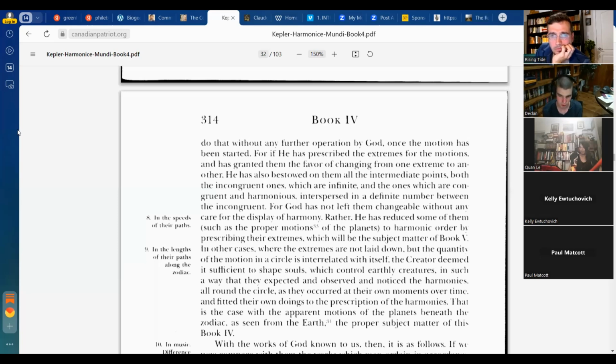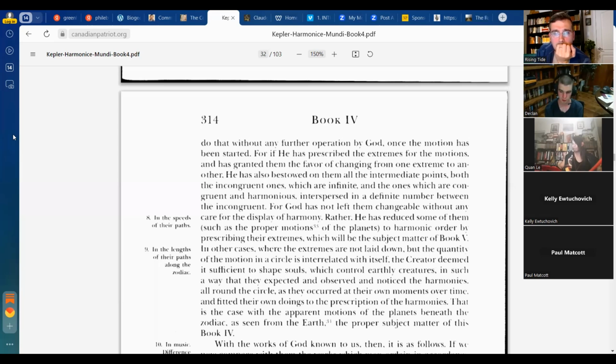For God has not left them changeable without any care for the display of harmony. Rather, he has reduced some of them, such as the proper motions of the planets, to harmonic order by prescribing their extremes, which will be the subject matter of Book 5.